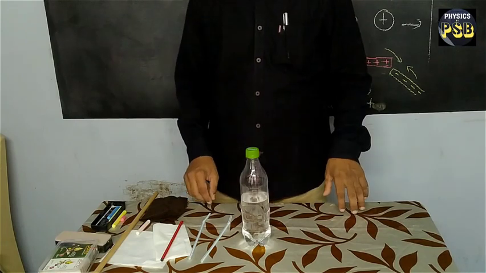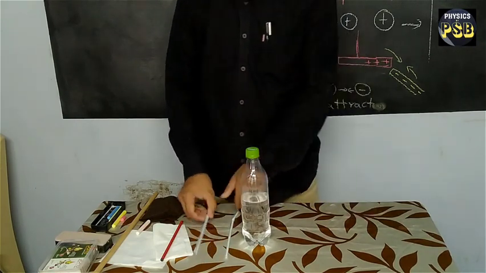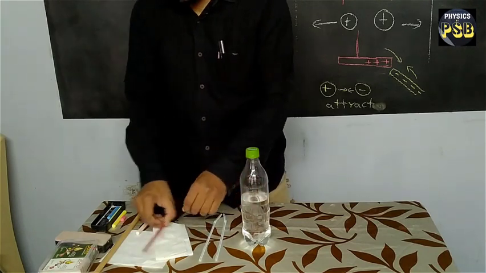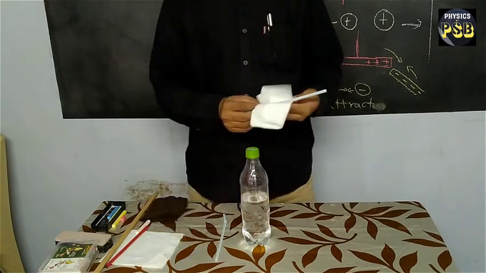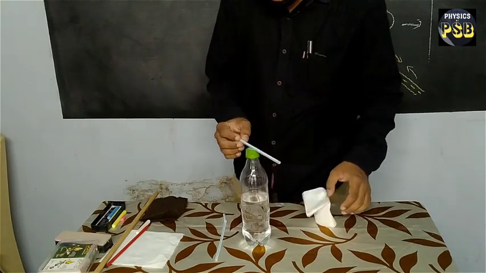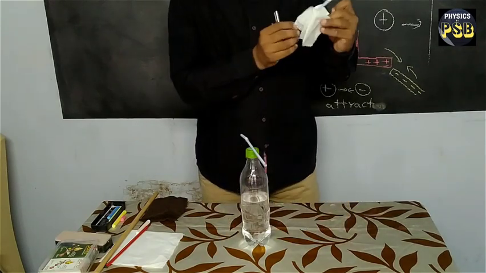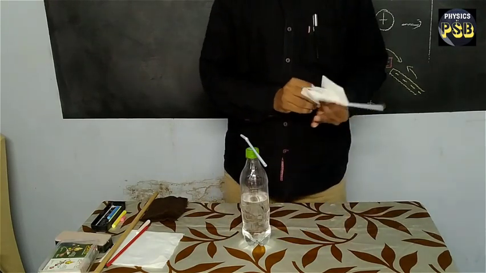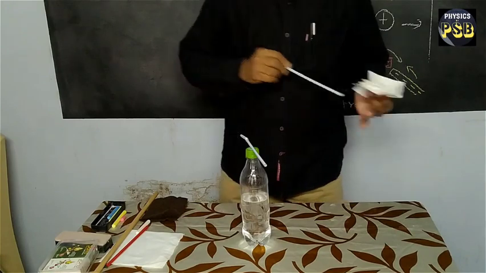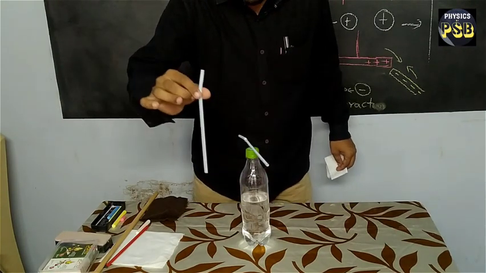Now I will demonstrate the repulsive property of charges. For this, I take two straws. I rub the first straw with the tissue paper. Then I place it on the bottle in this manner. Then I do the same thing to another straw as well. I rub this straw. Now I bring the straw near to the straw placed on the bottle. See what happened?